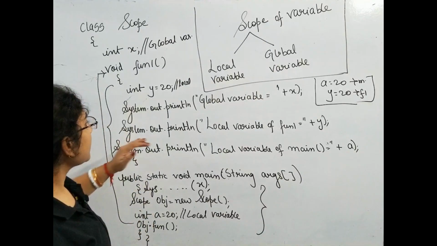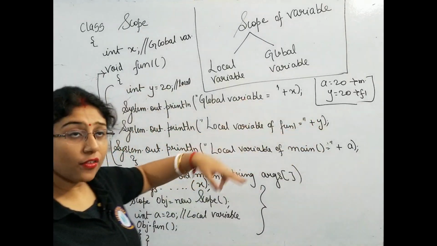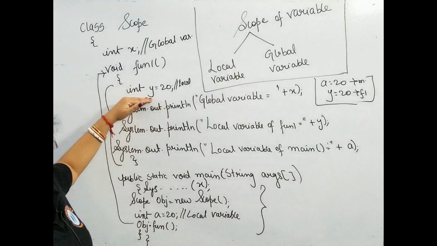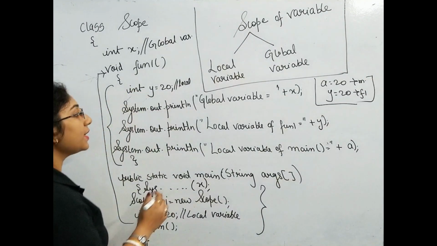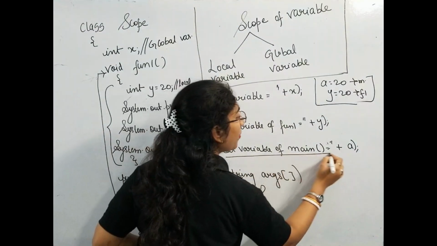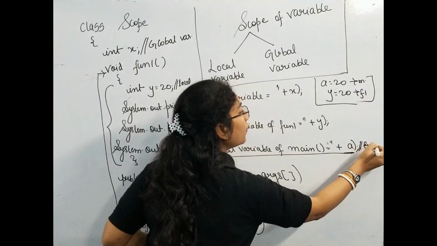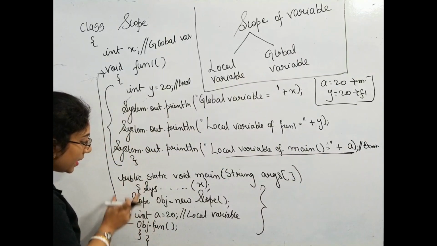Okay. Now the next line prints the local variable of fun, y. The value of y will be printed because this y belongs to this function, so it will not generate any error. It's a local variable. But when the next line is executed by the compiler, it will generate an error. Why? Because the scope of a is limited to this block.